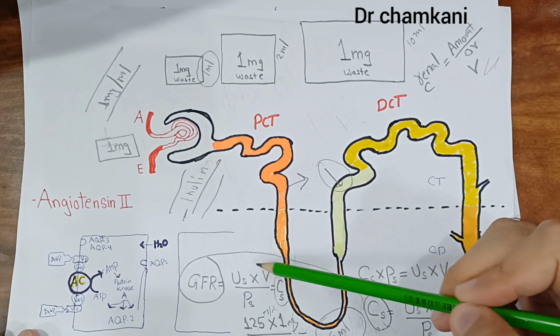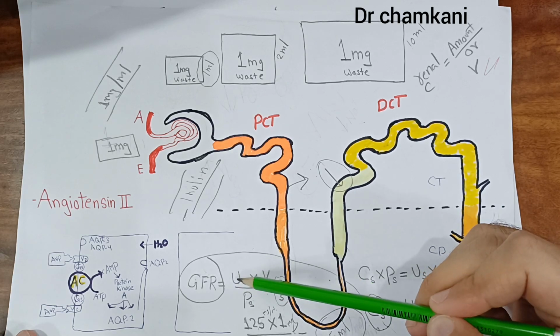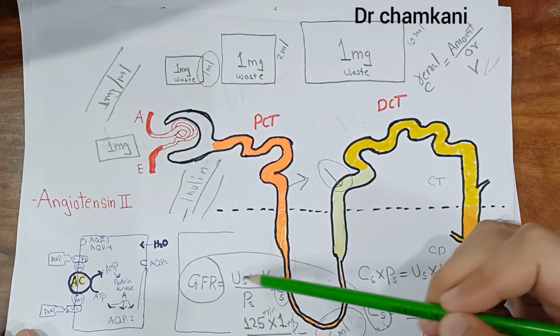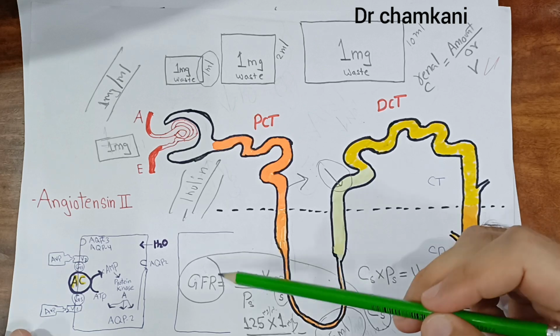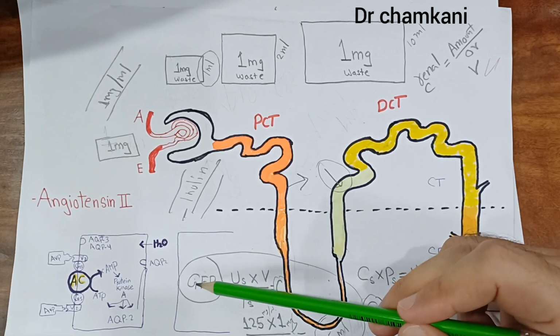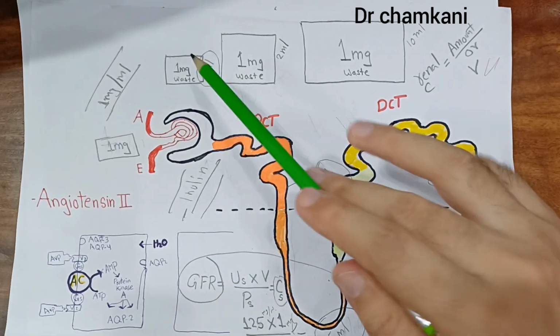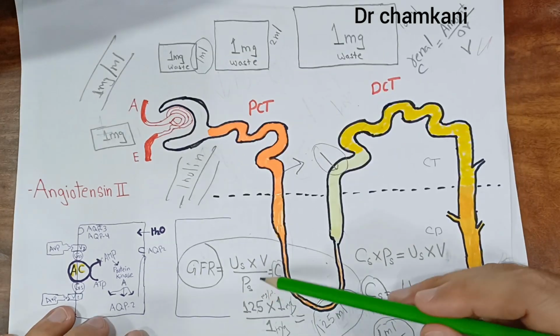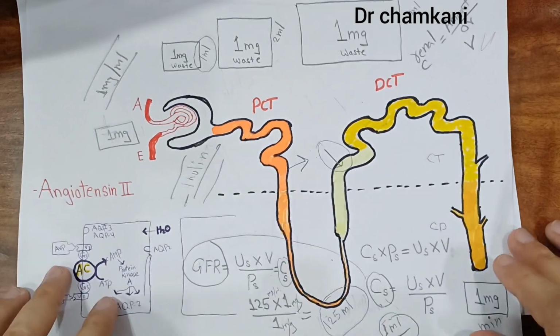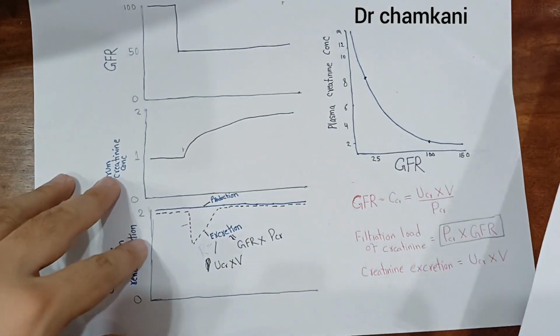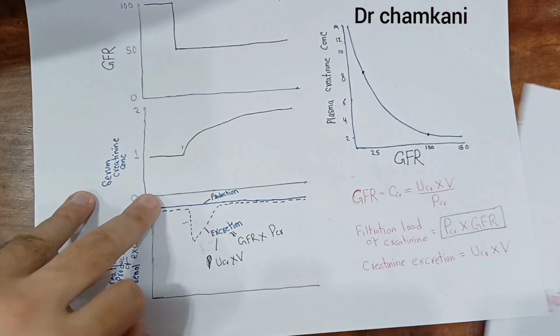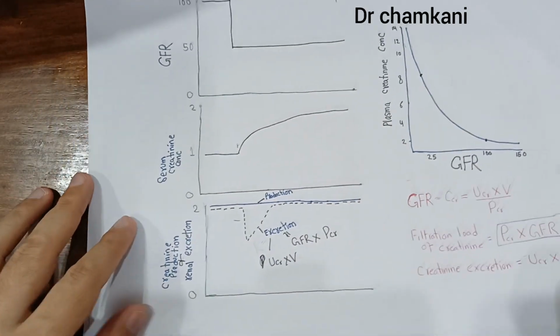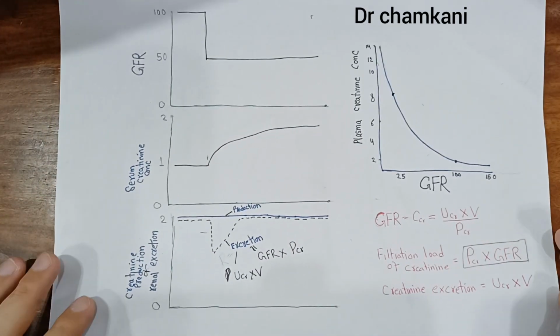Sometimes we do not even need to measure the concentration of creatinine in urine and the volume of urine, and we can simply get a rough idea about the GFR, the functioning of the kidneys, by simply measuring the creatinine. So it makes creatinine a very good substance to measure the clearance of the kidneys, the effectiveness of the kidneys, the working conditions of the kidneys.